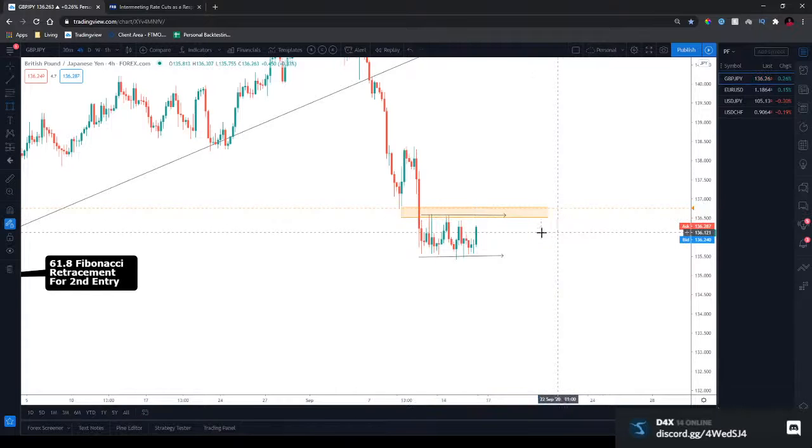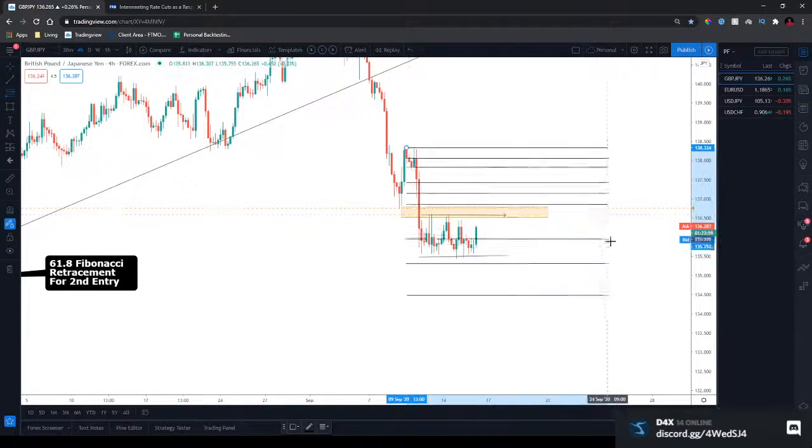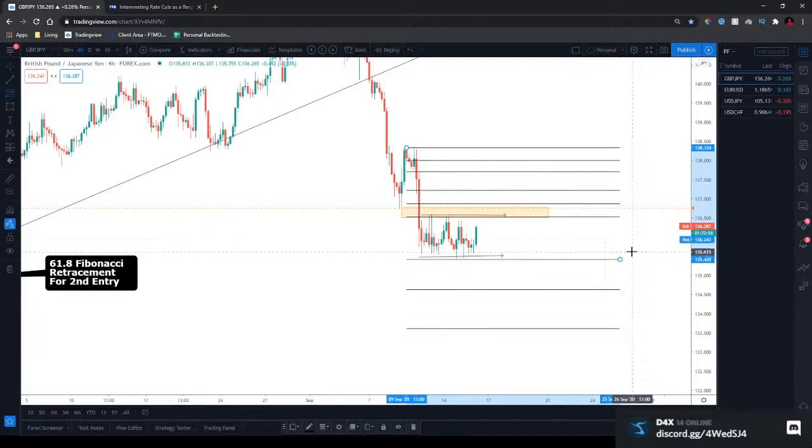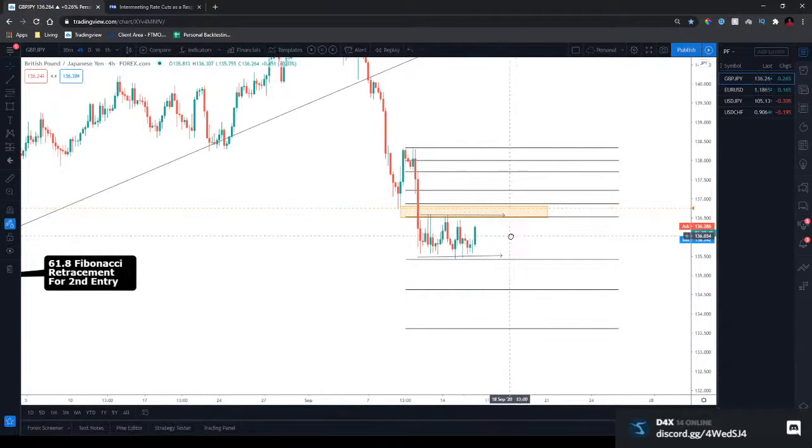I know I already have this marked up on a different platform, I think it's FXCM. I wanted it to retrace to 38.2 right there and then give me a sell opportunity. 38.2, almost the 50.